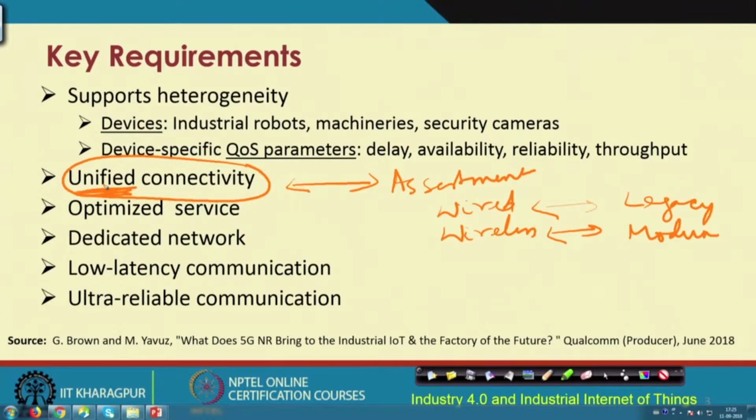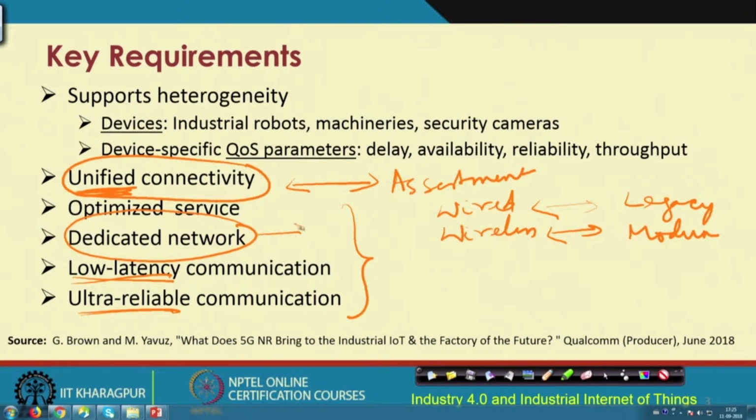What is next important is the optimized service. Optimized service, dedicated network communication, low latency communication, ultra reliable communication, these are the other industry specific requirements that will all have to be catered to. Low latency communication is understood, ultra reliable communication is also understood. What is this dedicated network?